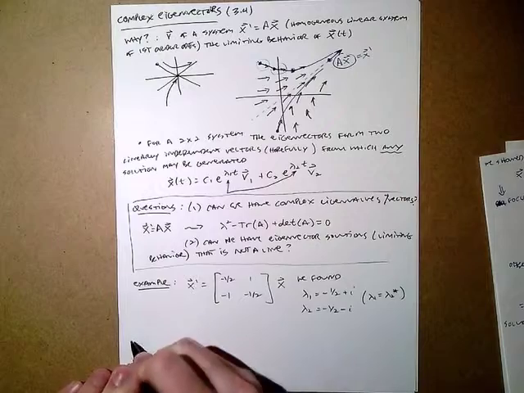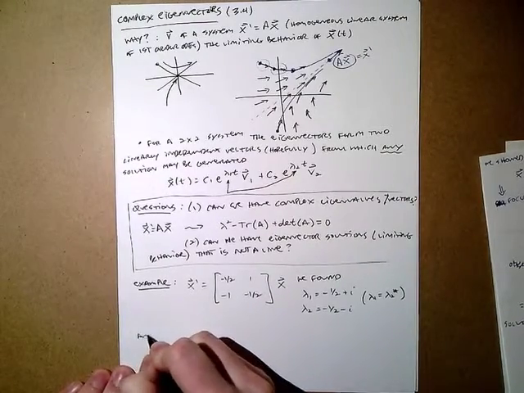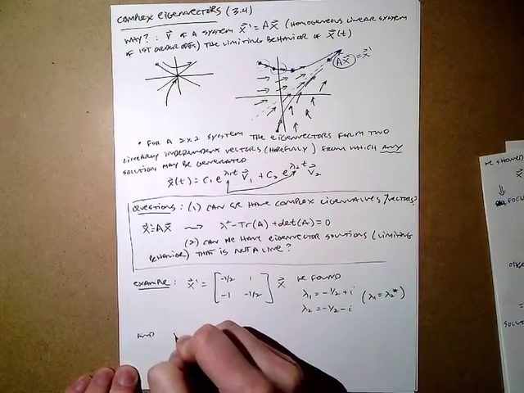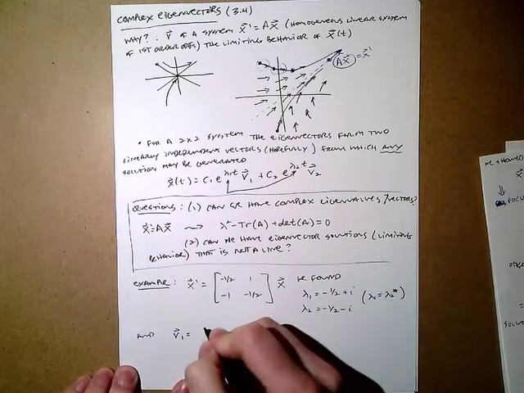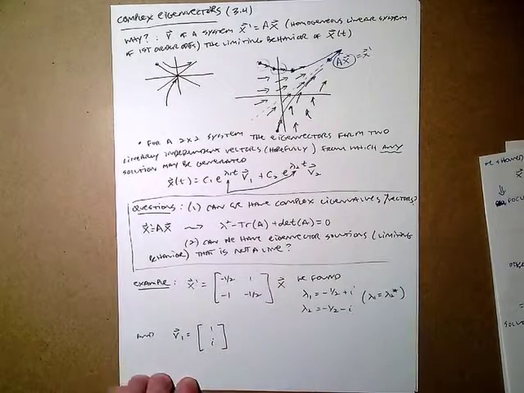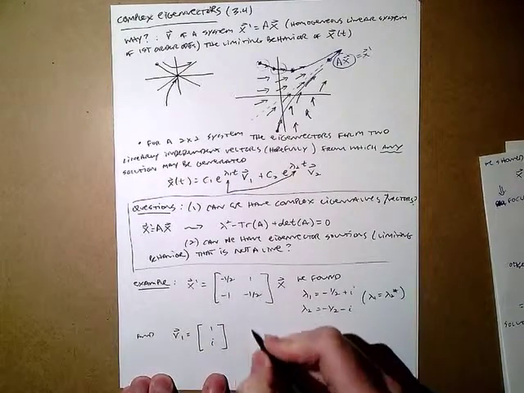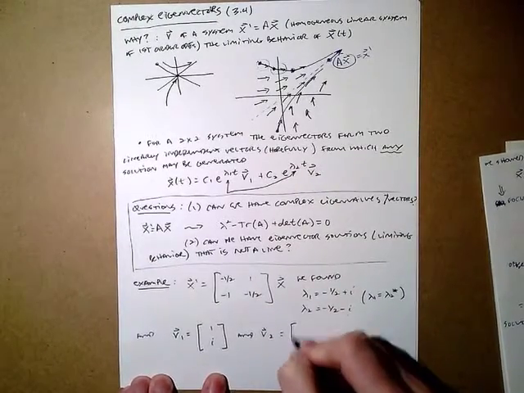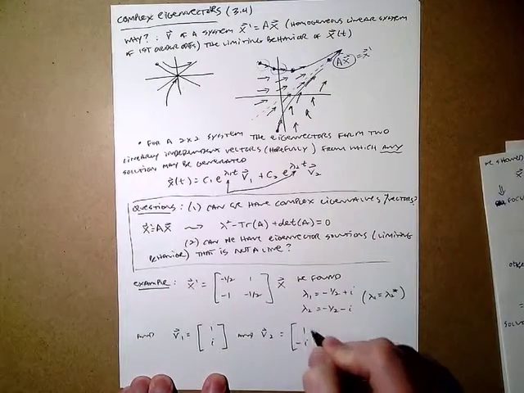We also found, and you can show this for review, so for homework, show this, the corresponding eigenvectors look something like this. v1 was equal to (1, i), and v2 was the vector (1, negative i).